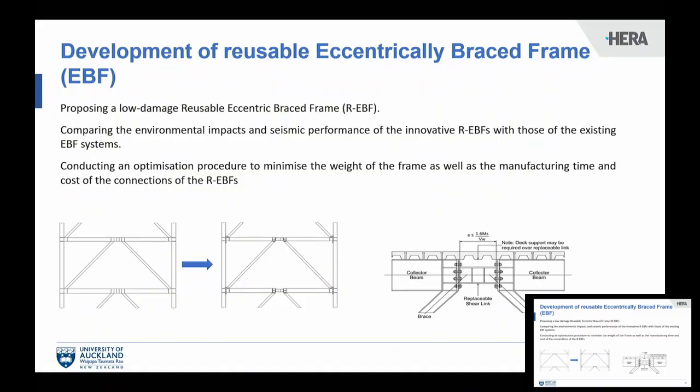This one is part of the Endeavour project. As part of this project, a reusable eccentrically braced frame was developed. The optimization and their environmental impacts were assessed, and some modifications will be applied to our design guide.